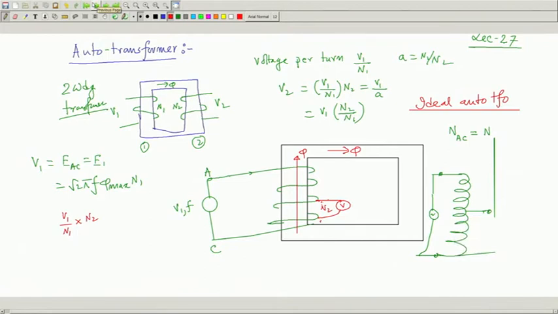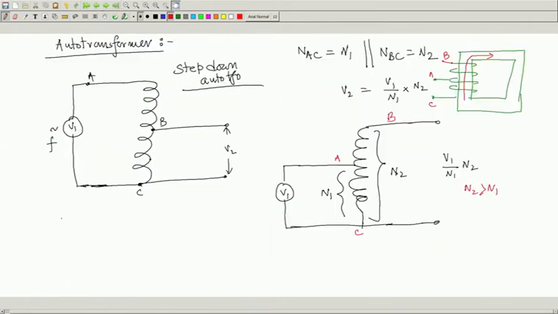Therefore it is natural that I now have two options. Suppose somebody says that I have a 200 volt supply and my load requires 100 volt. Now there are two options. What are the two options?